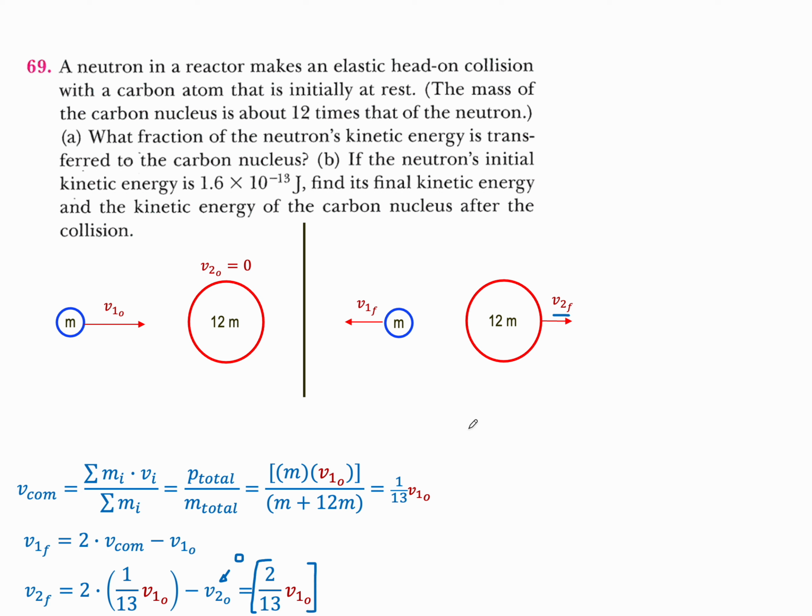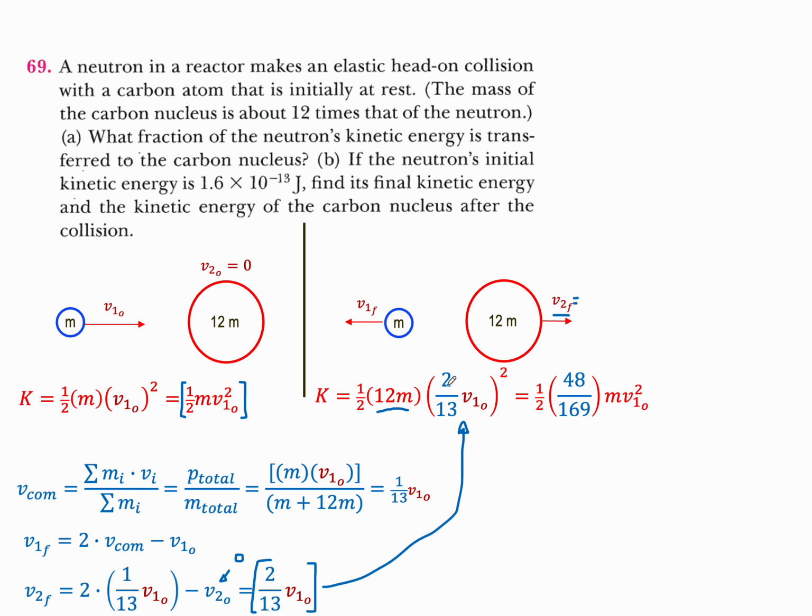I'm going to do a little weird math. I'm going to leave the 1/2 out front. So 2 squared is 4 times 12 gives us 48. And 13 squared is 169. I'm going to write it this way. And you might say, whoa, why'd you write it that way? Well, take a quick look at this. This is 1/2 m and 1/2 m, and then we have v1 initial squared in both.